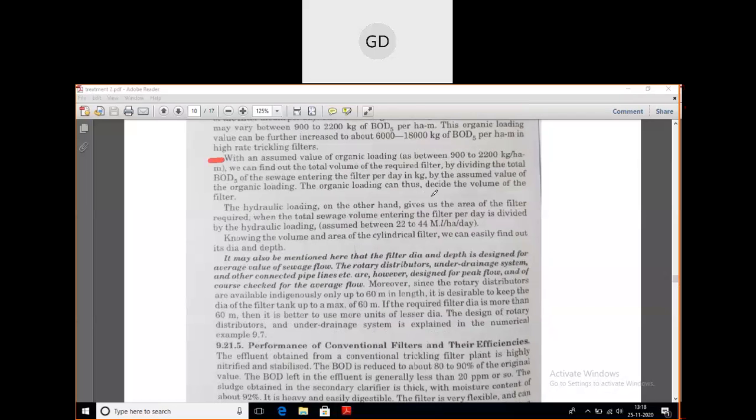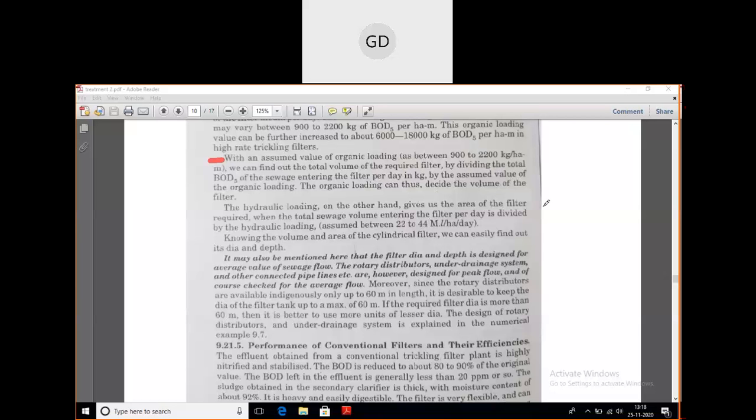So after you assume the value of the organic loading, you can find out the total volume of the required filter, whatever the filter size you are going to find out. How will you find out? By dividing the total BOD5 of the sewage entering the filter by the assumed value of the organic loading.